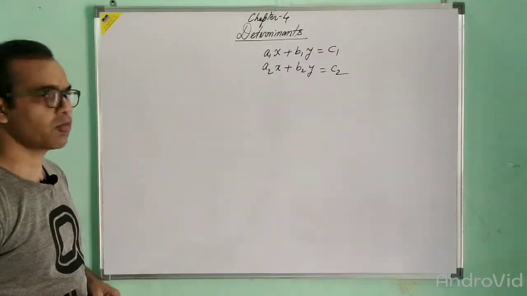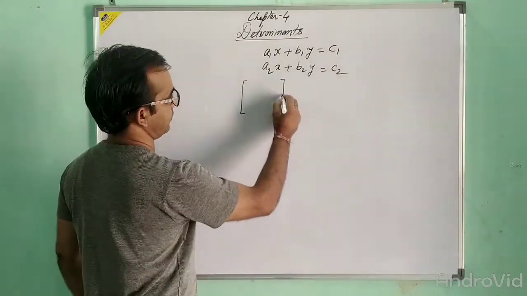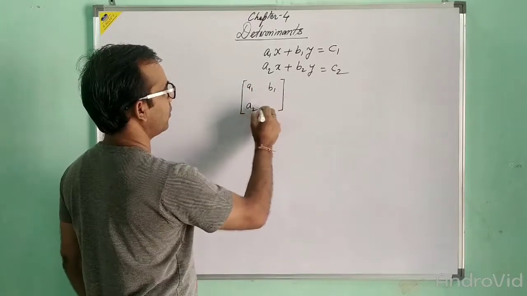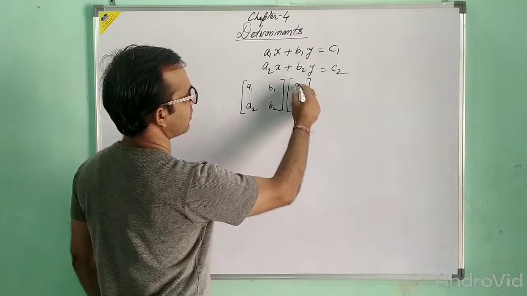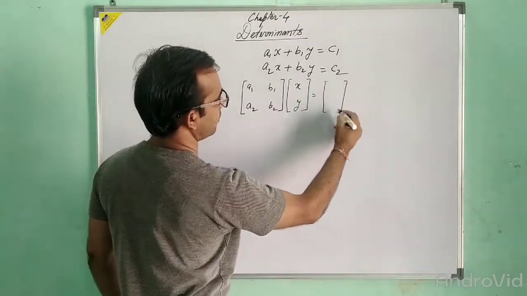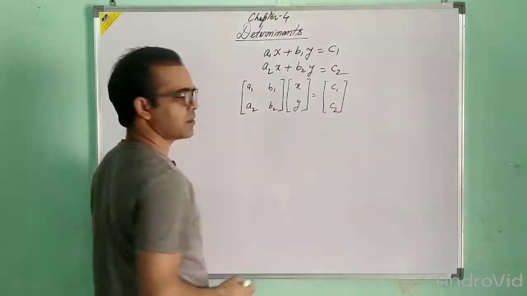This system can be expressed in terms of matrices: a1, b1, a2, b2 in one matrix, in another matrix we write the variables x, y, and the constants c1 and c2 in the third matrix.